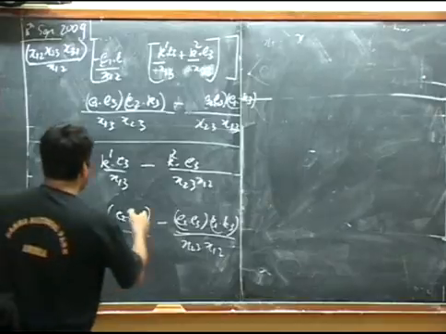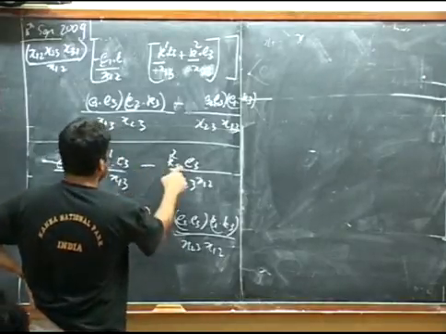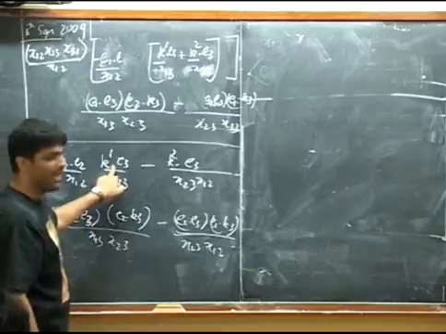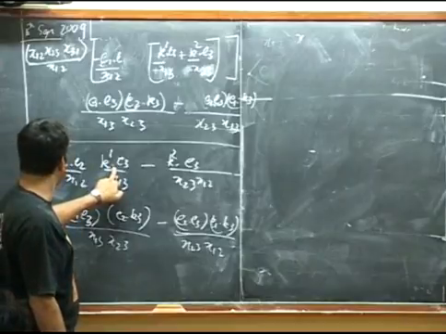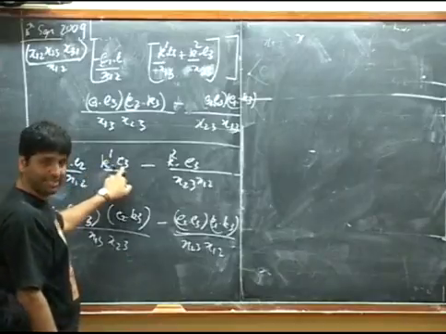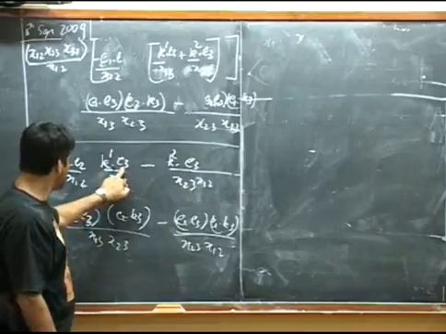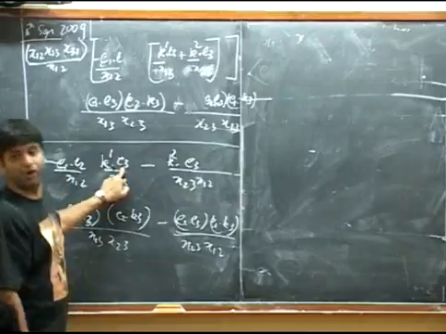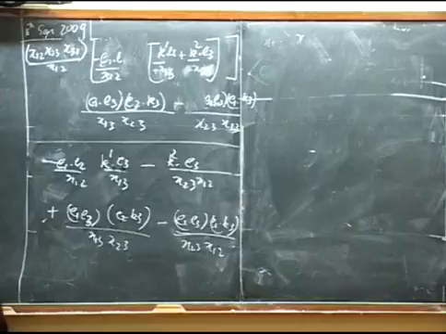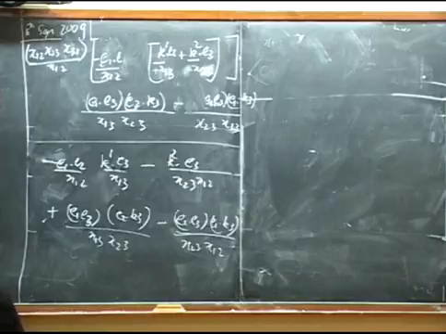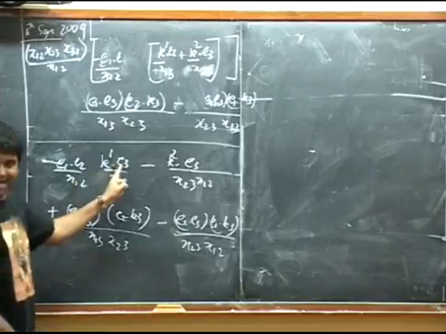Okay, let's deal with the first 2 terms first. You see, K1 dot E3 is the same as minus K2 dot E3, because K1 is equal to minus K2 plus K3 and K3 dot E3 is 0. Okay?